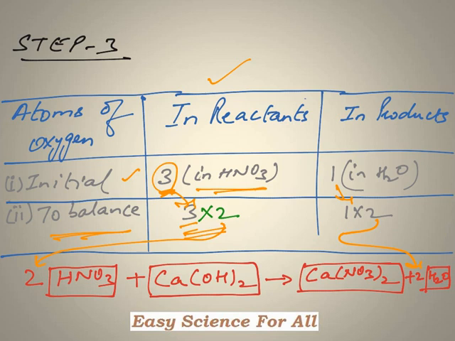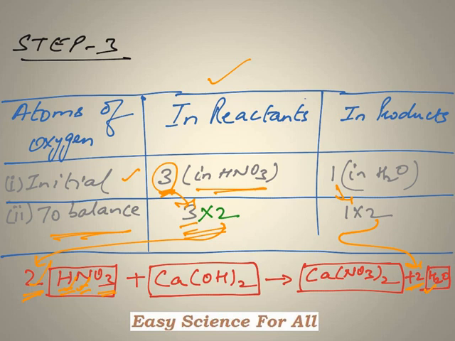Now it means that I have to multiply this number not only by 3 but with each element that is present inside this box. So I have to multiply this 2 by the count of H and by the count of nitrogen as well, and likewise multiply this 2 by the count of hydrogen inside this.